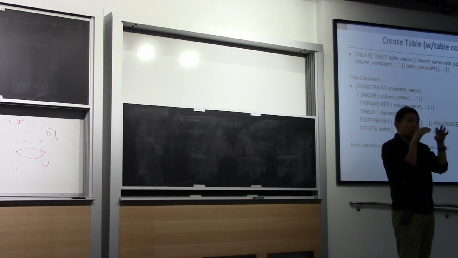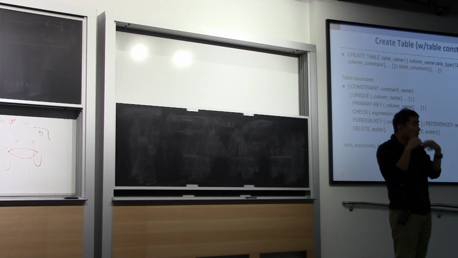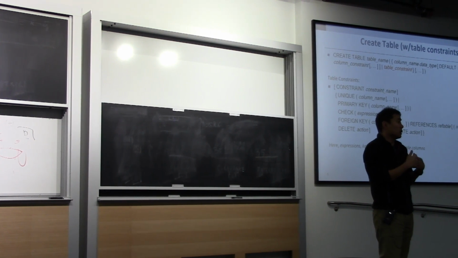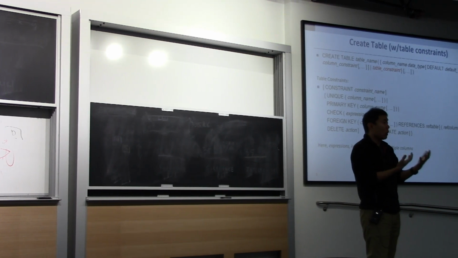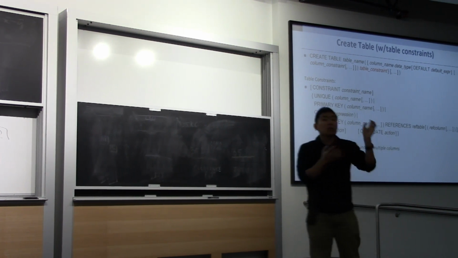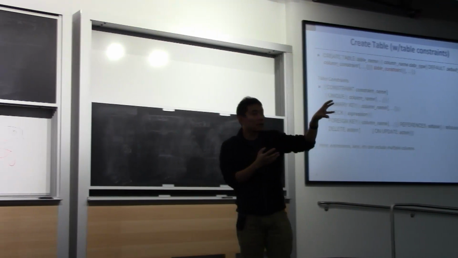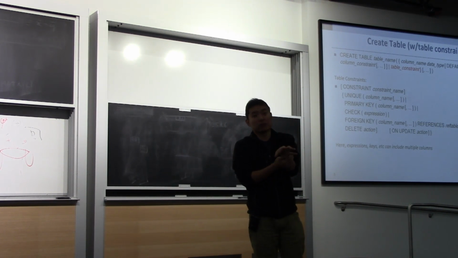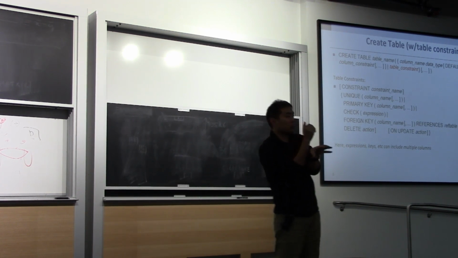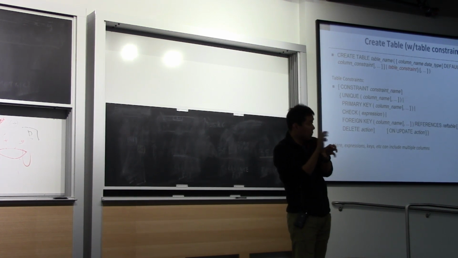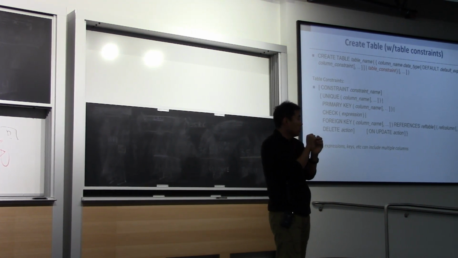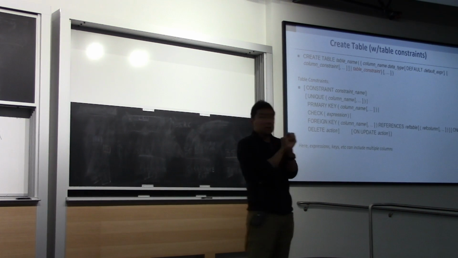And you want to check both conditions at the same time. You want to use a table constraint for that because it involves multiple columns. That being said, you can always take a column constraint and express that as a table constraint. The reverse is not true. You may not always take a table constraint and convert that into a column constraint. Okay?